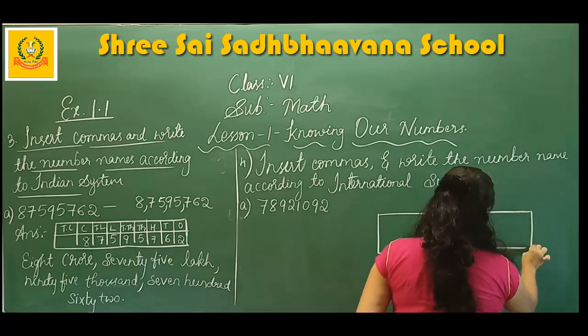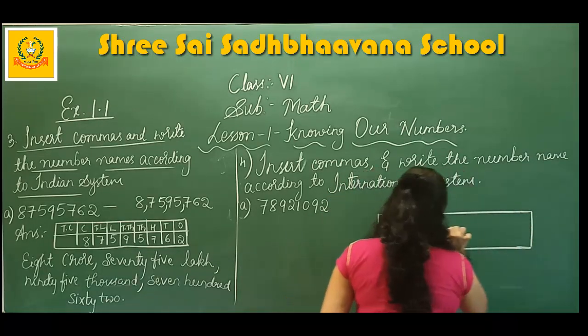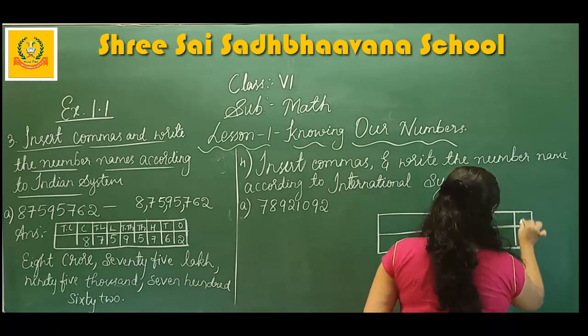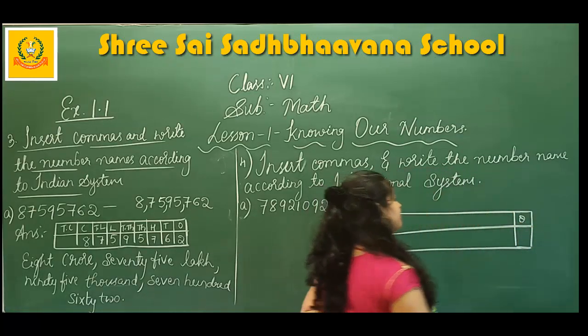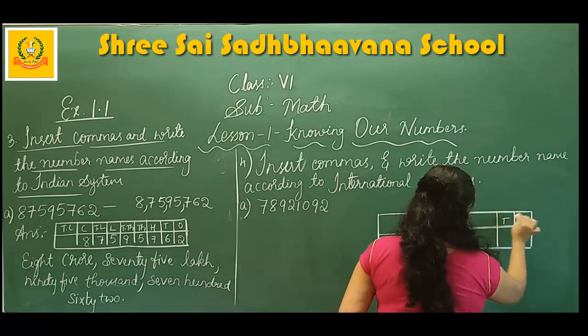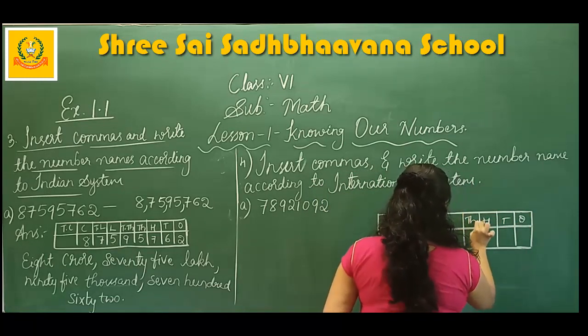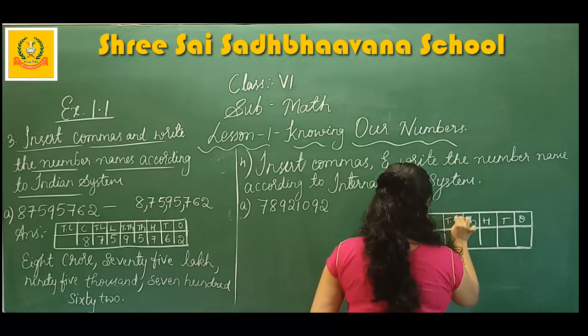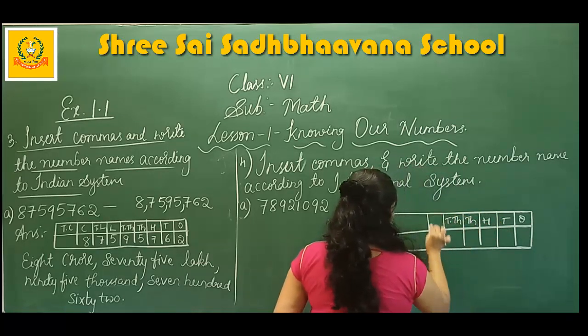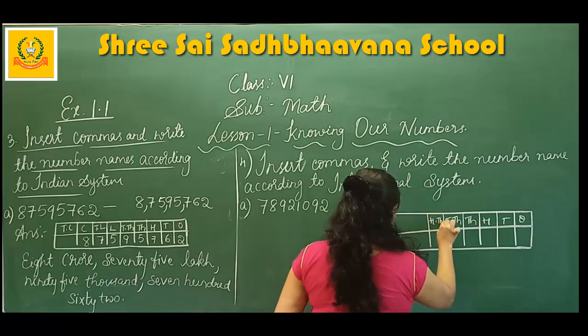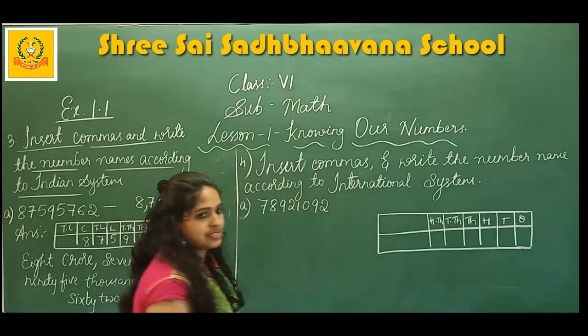Here comes ones, tens, hundreds, thousands, 10,000 and 100,000. Keep it in mind. This is according to international system.